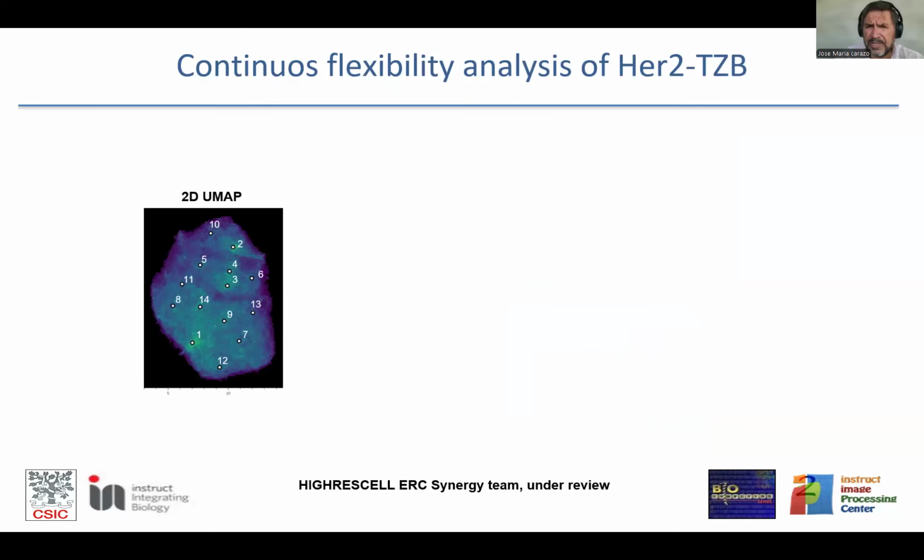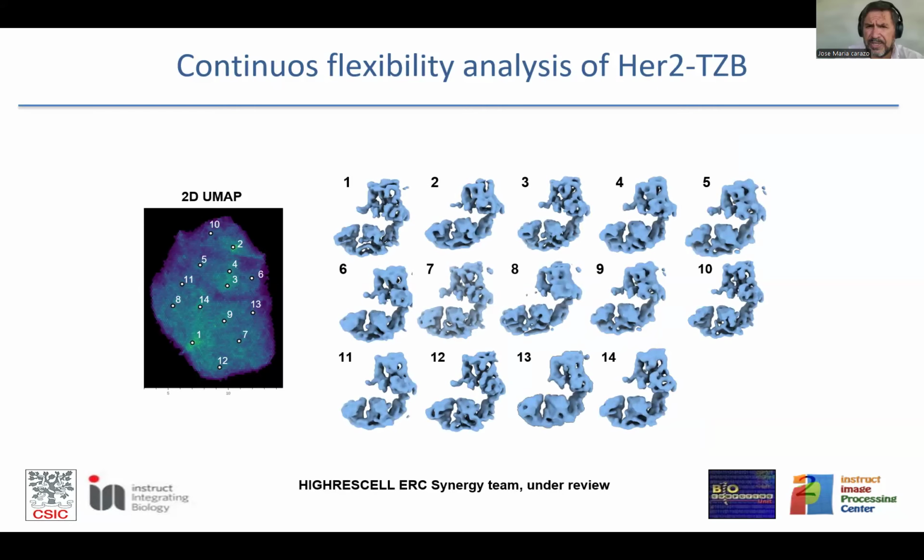And then an interesting example is the case of HER2 with a therapeutic antibody, and we were able to take the images of HER2, go to the conformational landscape, select a number of points in that conformational space, and get reconstructions out of them.